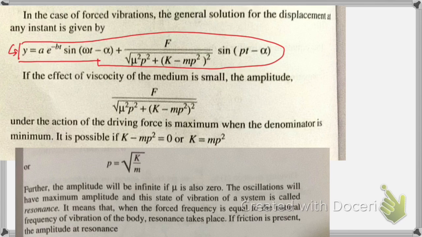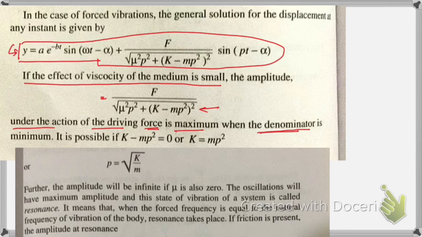So here you see, in effect of viscosity of the medium, instead of that you can write friction, friction due to the medium. The amplitude is given by this, and now you see, under the action of the driving force, that means the force which continues the vibration or oscillation, the amplitude is maximum when this denominator is minimum, right?